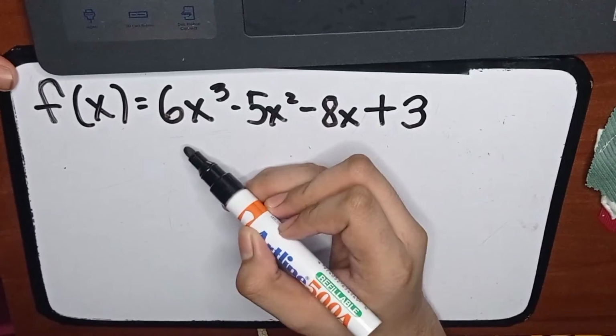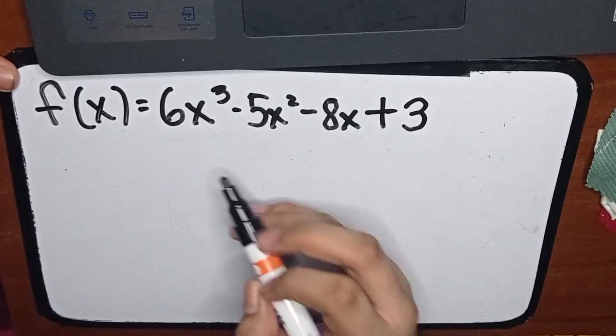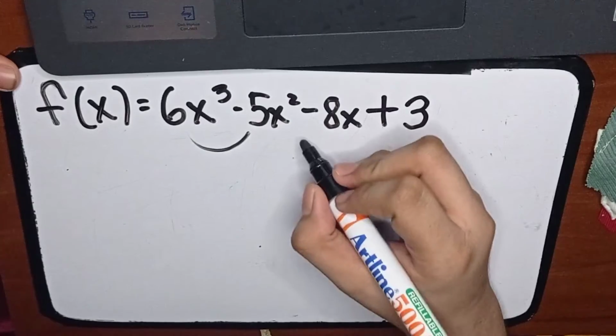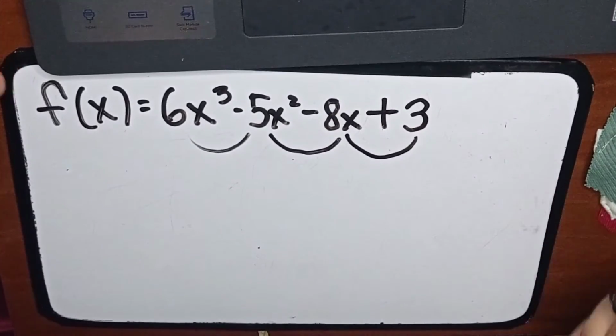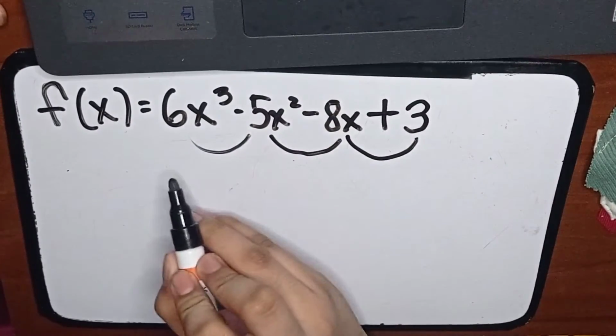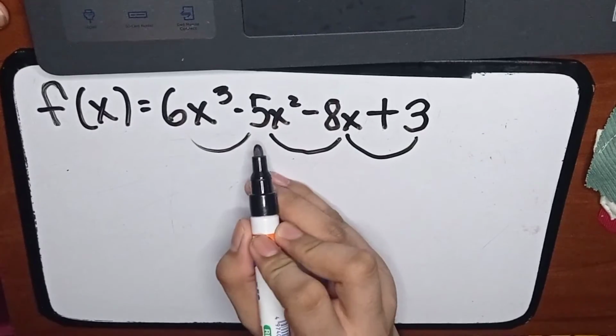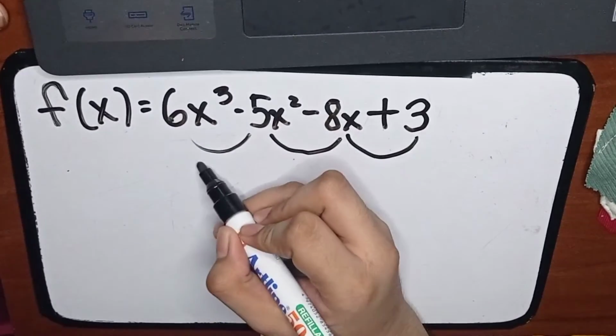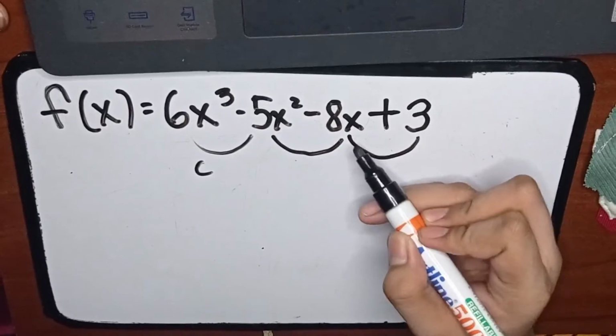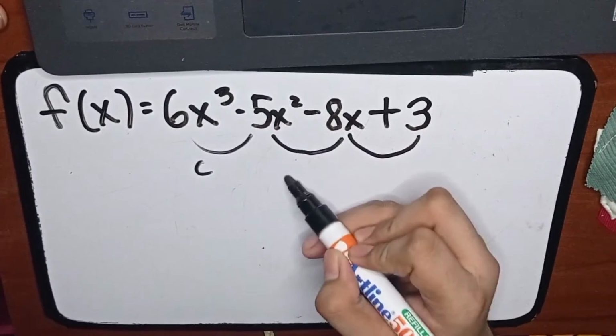So we need to find the number of sign changes of the equation. Let's put some curves here and here. From 6x cubed to the next term, positive and negative, there is a change. From the second term to the third term, there is no change, since negative to negative is no change.